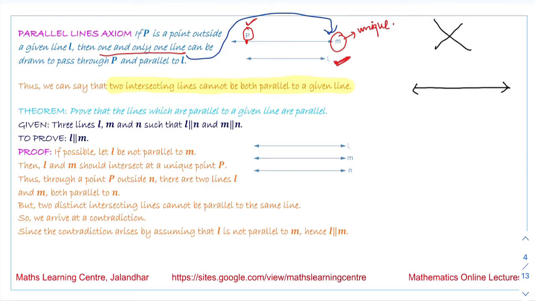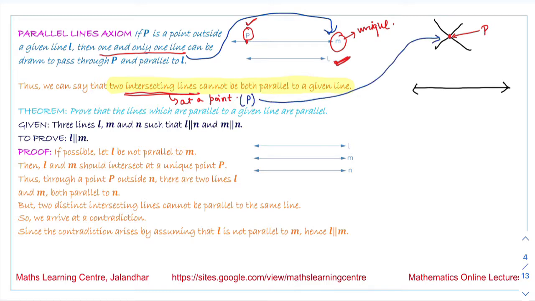Since these are intersecting lines, they have a point P common to both lines, by the definition of intersecting lines. We know they intersect at a point, and that point is P.